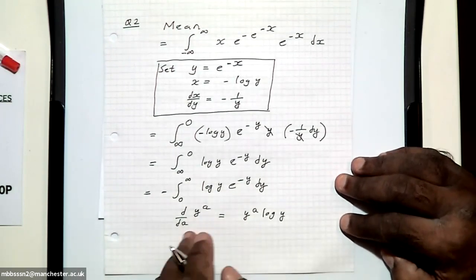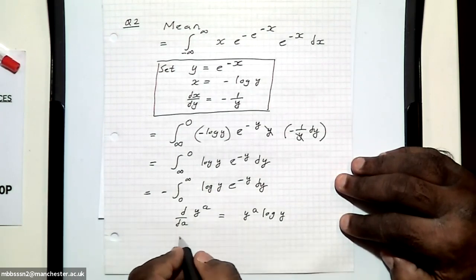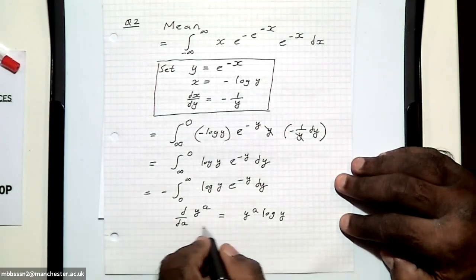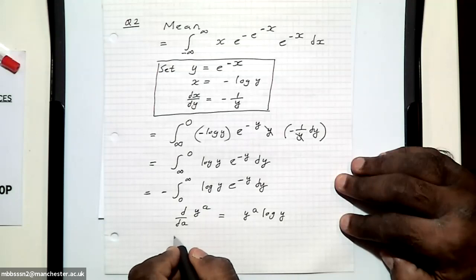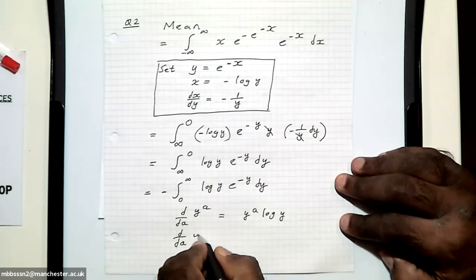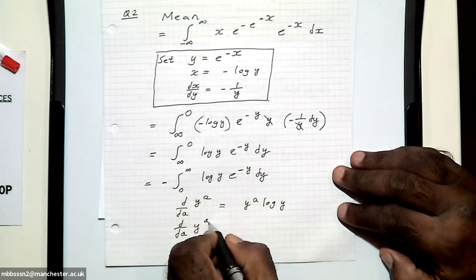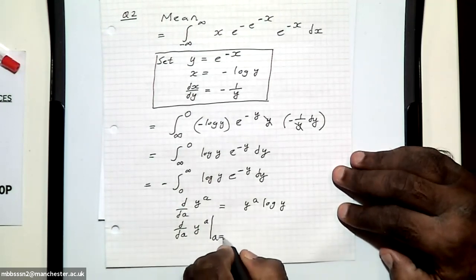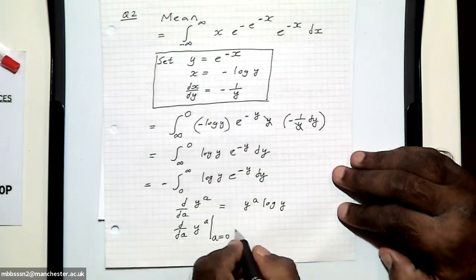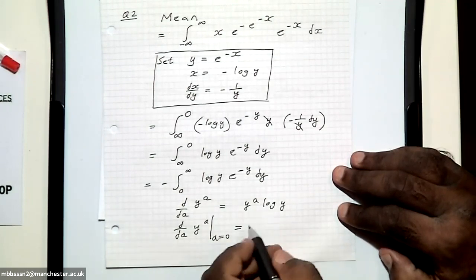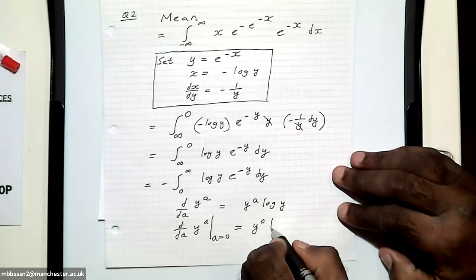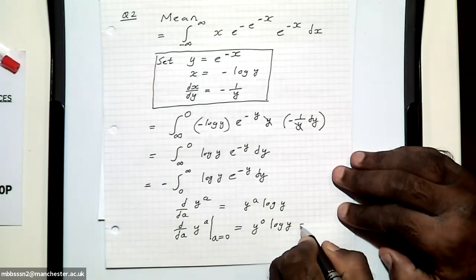You remember this? Now, if you take the derivative on both sides, left and right, you should set a equal to 0. And if you put a equal to 0 here, which is y to the power 0 times log of y, this is log of y.